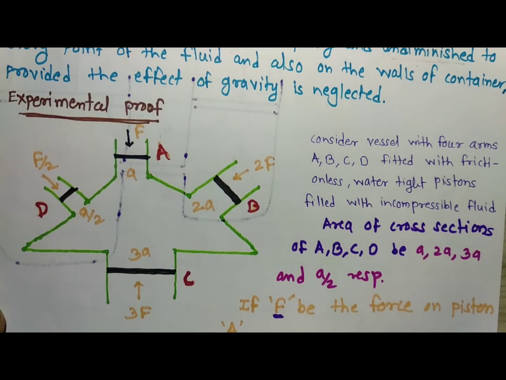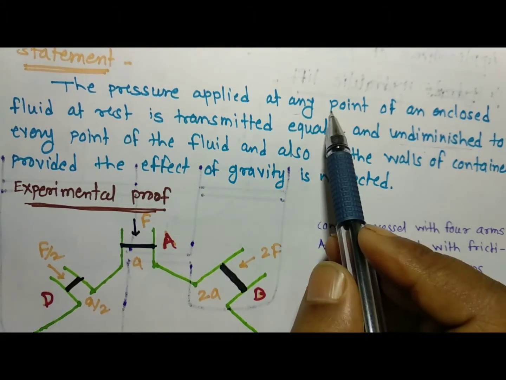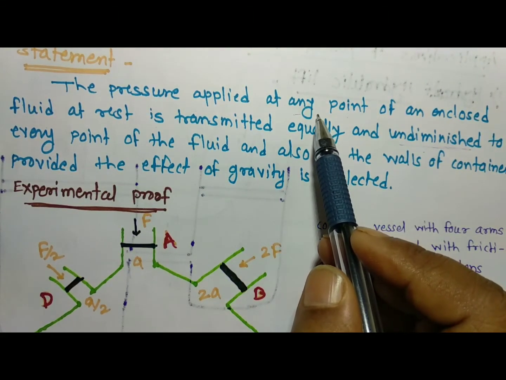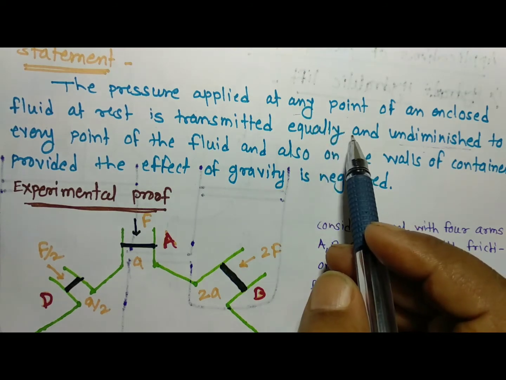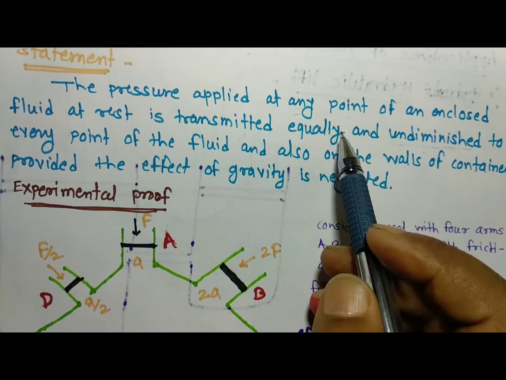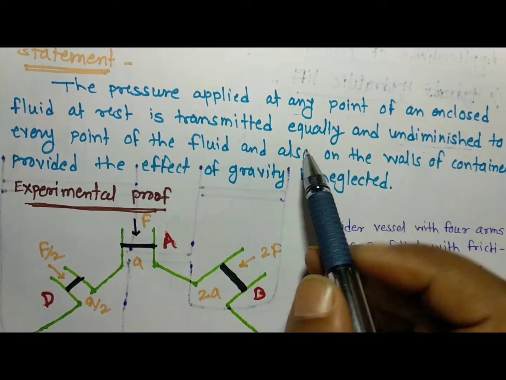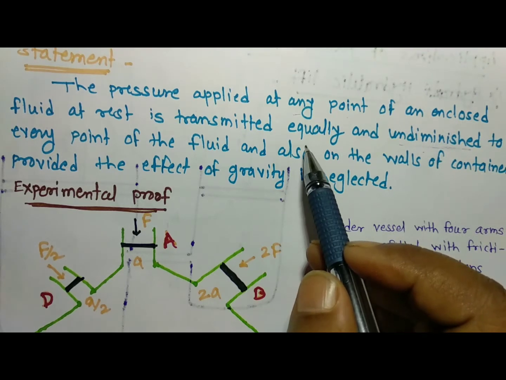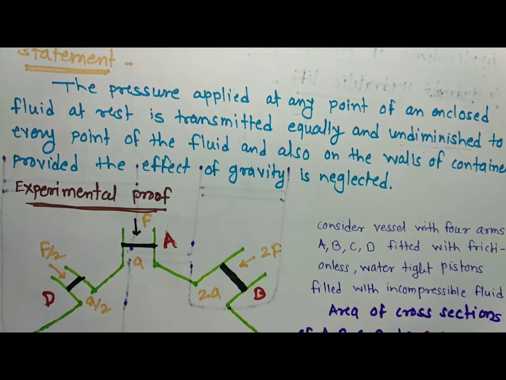Once again I am repeating the consideration: when we apply the pressure at any point of an enclosed fluid, it is transmitted equally and without any loss to every point in the fluid, and it is transmitted to the wall of the container also, with the quantity of that pressure as it is.